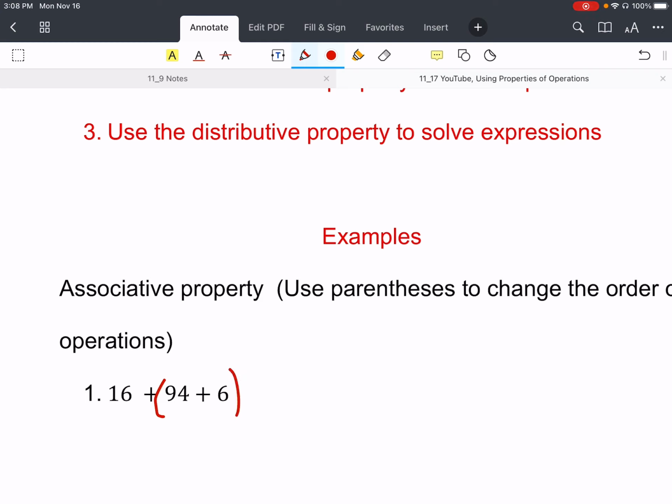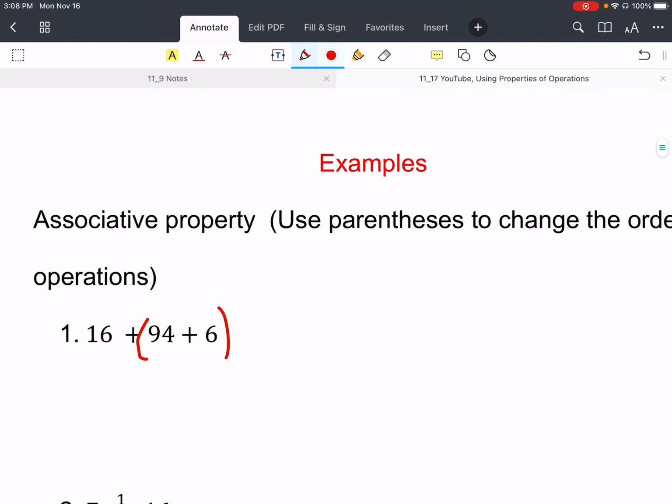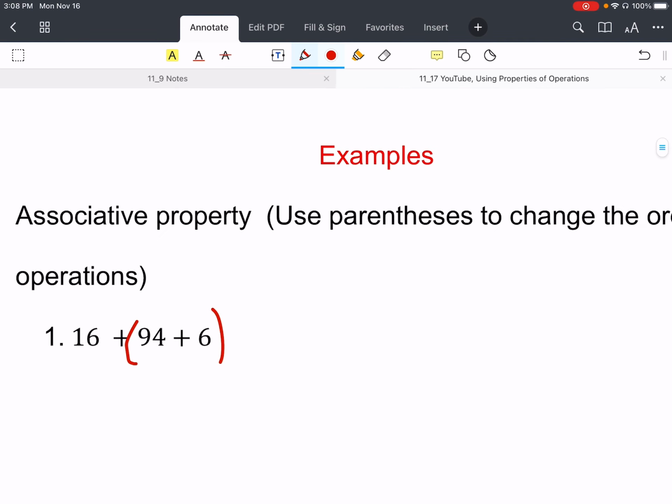So when I do that, that means that I am going to solve the operations in parentheses first. So I am going to still have the 16 plus, and now I have 100, which makes it very easy to add 16 and 100 to get our final answer of 110.